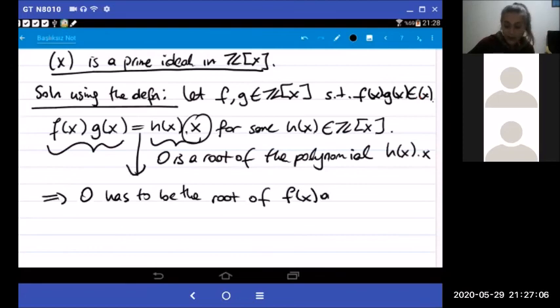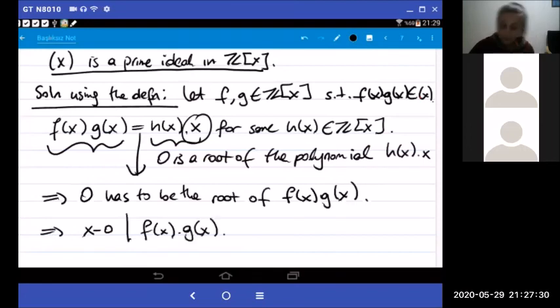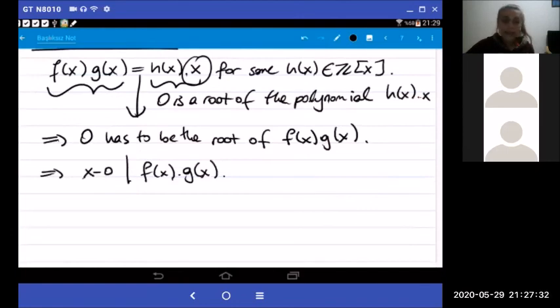But 0 is a root means that x minus 0 divides this polynomial, so x minus 0 divides f of x times g of x. Since x is a 1-degree polynomial, x should divide f or should divide g.